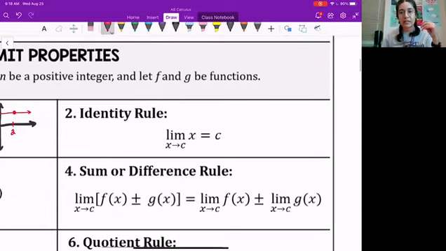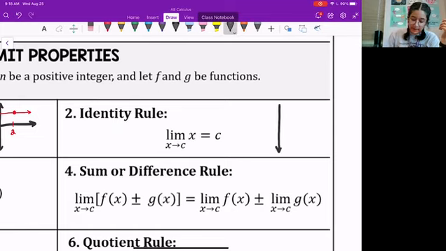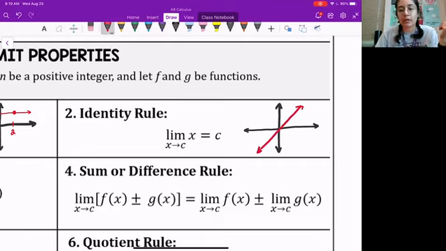Next one is the identity rule. It says the limit as x approaches c, and my function is x. Hopefully you know that that's our linear parent function, with a y-intercept of 0 and a slope of 1. What's special about the linear parent function is that at any point on the function, the x-coordinate and the y-coordinate are the same.